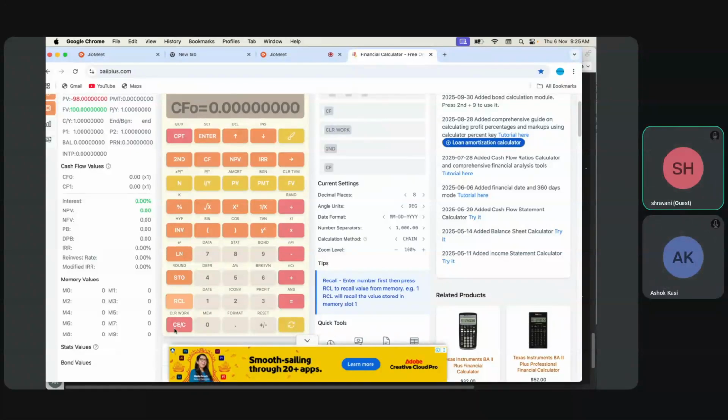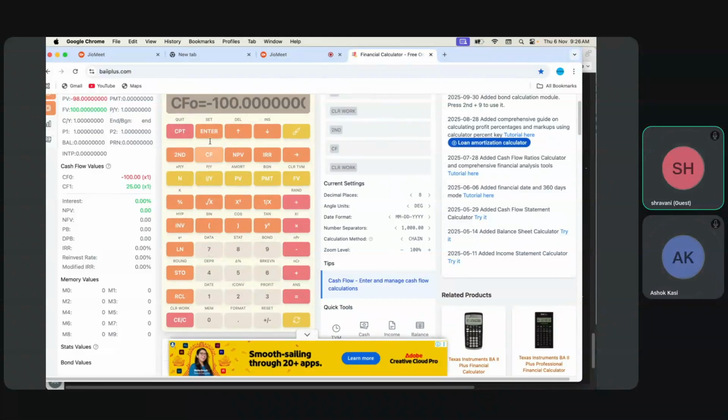After going into the function, you have to do second clear work. Cash flow function is not going for me, so I'll just replace it. I'll do it again then.